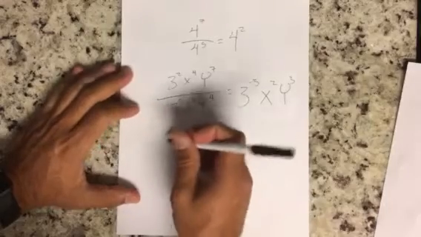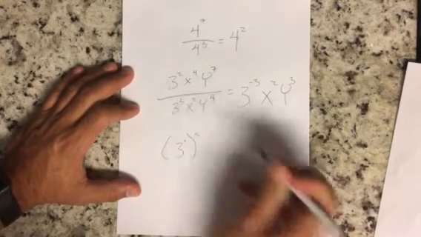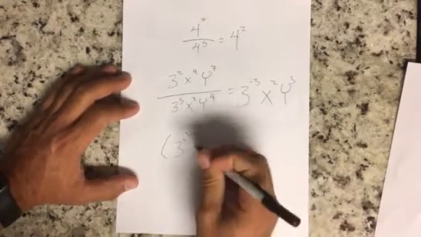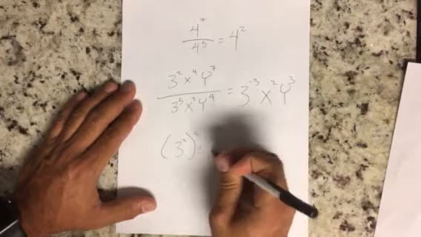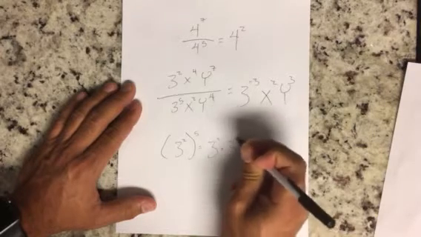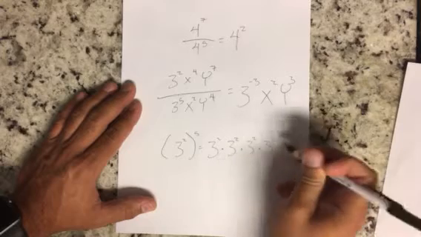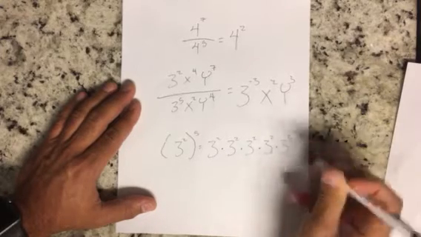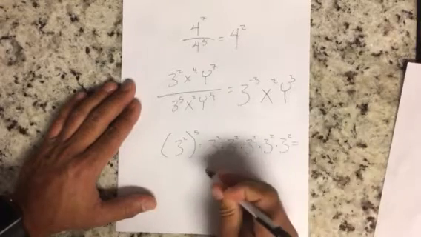The last one is when I only have one base, but I have two exponents. What this means is anything to the power of 5 means it happens 5 times. So I have 3 squared 5 times. We already know when it's the same base with exponents, I add them up.